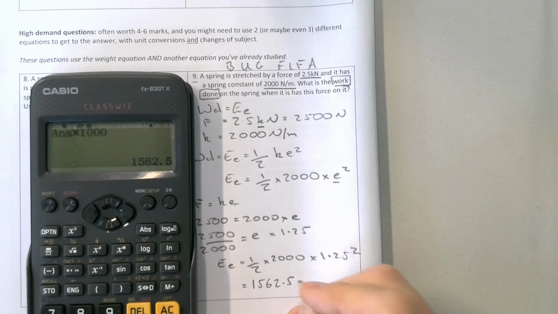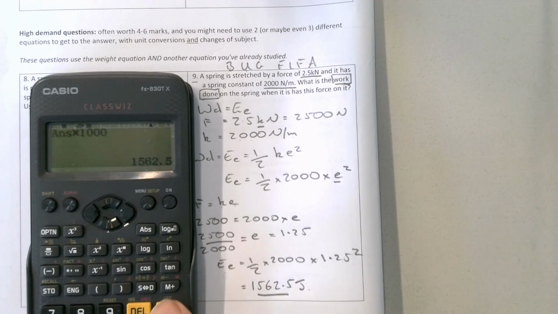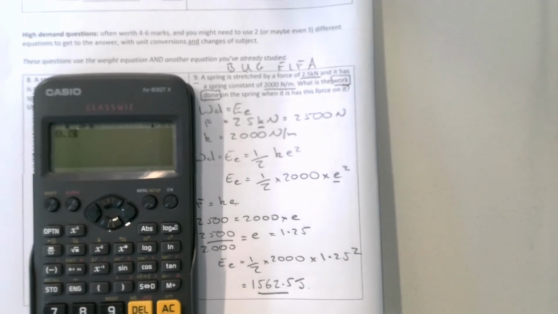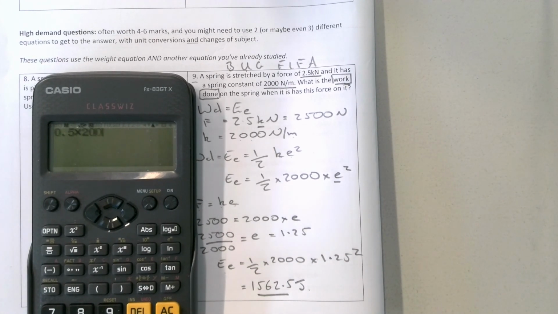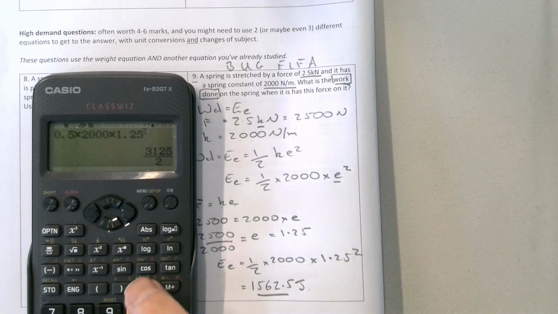Now it's energy, so that's joules. Now I'm just going to check this: 0.5 times 2000 times 1.25 squared gives 1562.5.